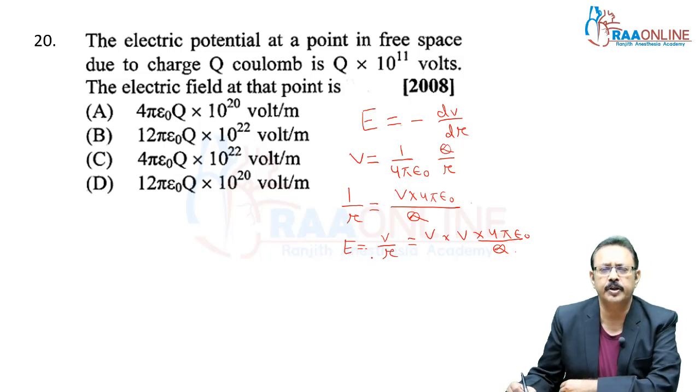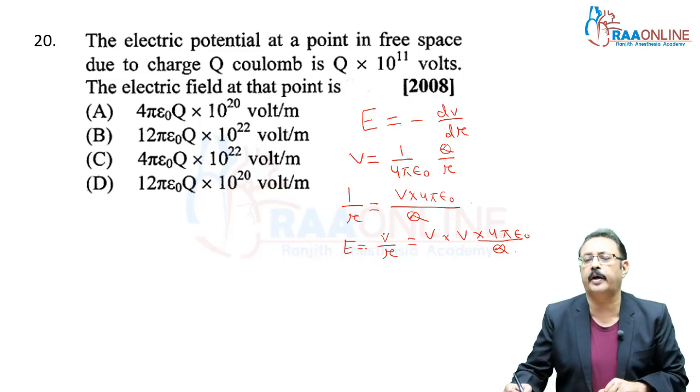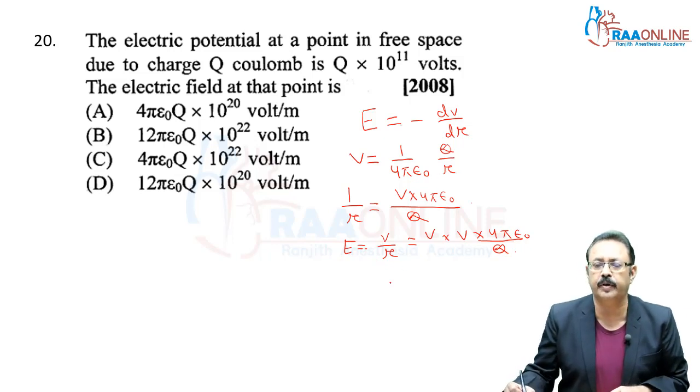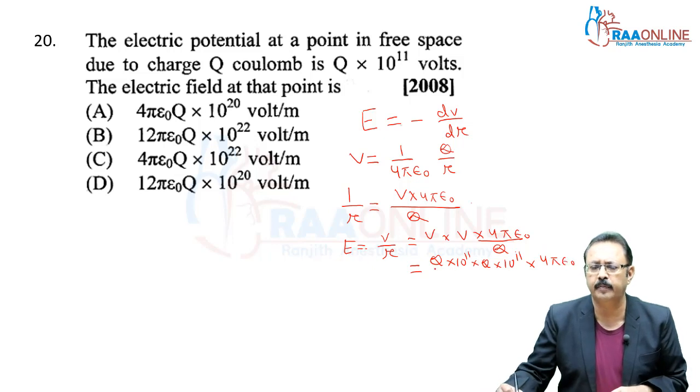The electric potential at a point in free space due to charge q coulomb is q into 10 to the power 11. V is q into 10 to the power 11. So q into 10 to the power 11, into q into 10 to the power 11, into 4 pi epsilon naught, divided by q.